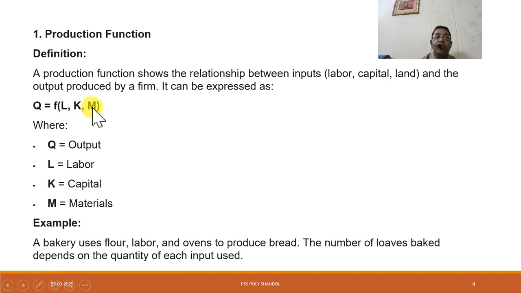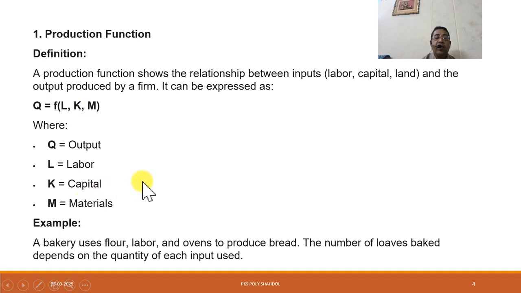These factors should be taken in totality and defined by the f, that is called the function of L, K, M. Here we have taken L as labor, K as capital, M as material, or whatever factor directly affects your output, you can take inside this bracket. So this represents the production function, nothing but the production function.